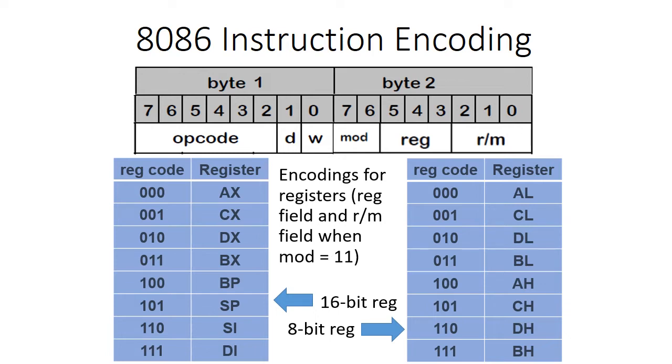For 16-bit registers, AX is encoded as 000, CX 001, DX 010, and so on as shown on the illustration. For 8-bit registers, AL is encoded as 000, CL 001, DL 010, BL 011, and so on as shown on the illustration.